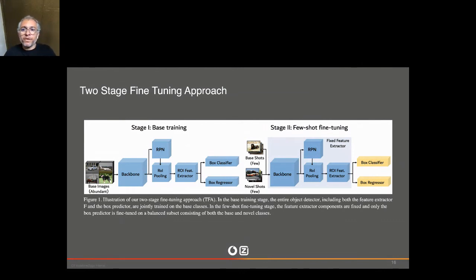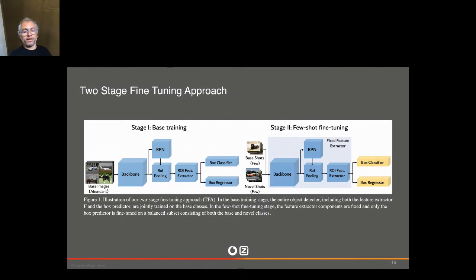So that's training. After training, we have the few-shot fine-tuning. So that's a two-stage approach. In the few-shot fine-tuning, it goes again through the same model, but this time, next to the base shots that we already have, for instance, the model was trained on the COCO dataset, right?